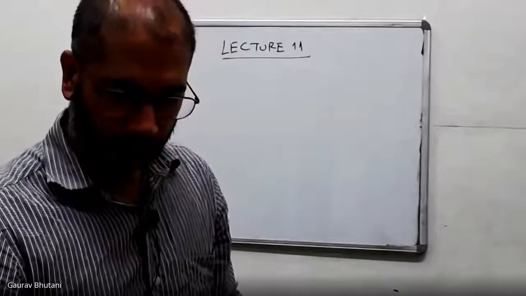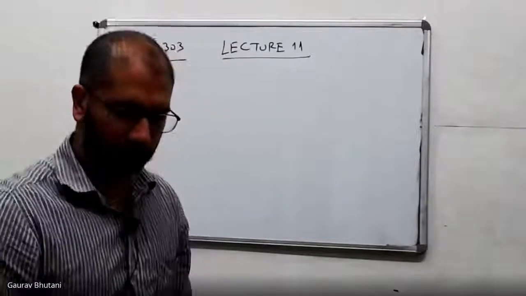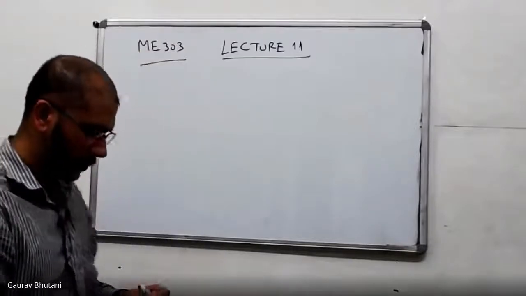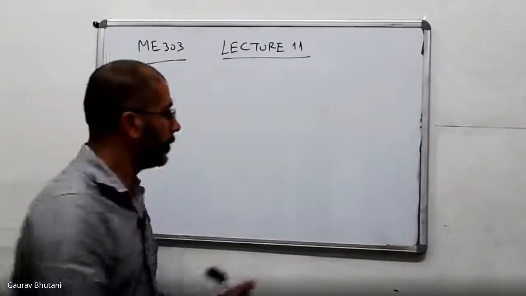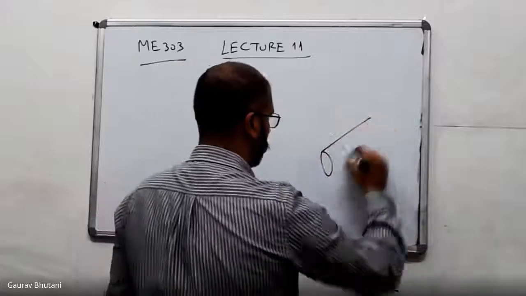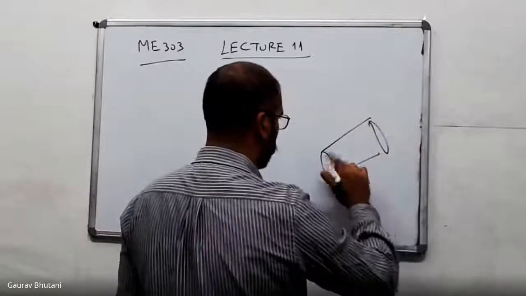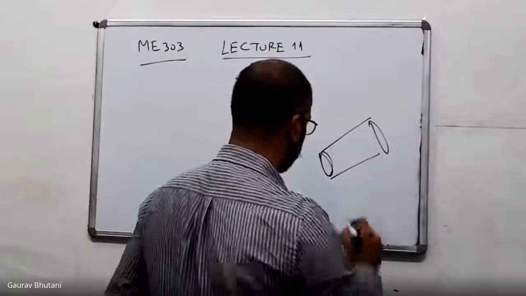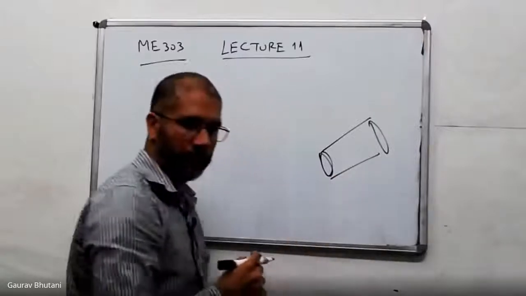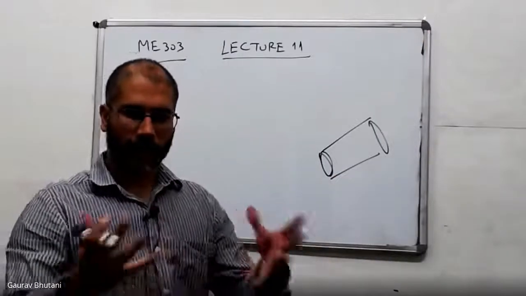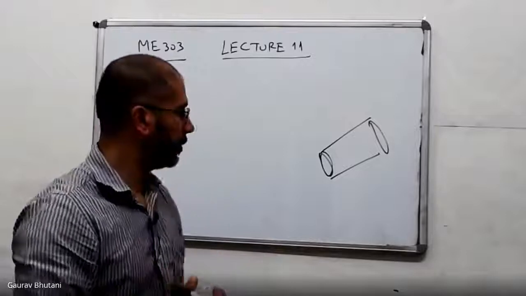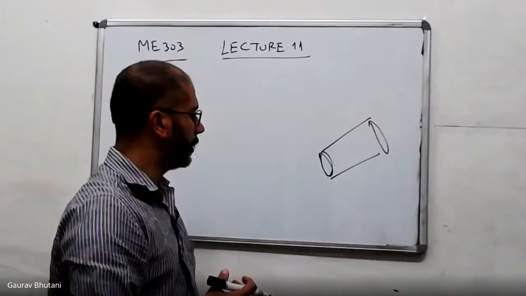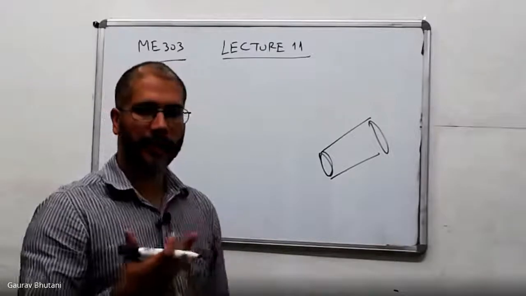So in cylindrical coordinates, the equation we got for these geometries like a pipe, for example, this is our pipe. Now, in this example that we are considering right now, we have, let's say, a solid metallic pipe of a constant radius, and there is heat getting generated inside the pipe.